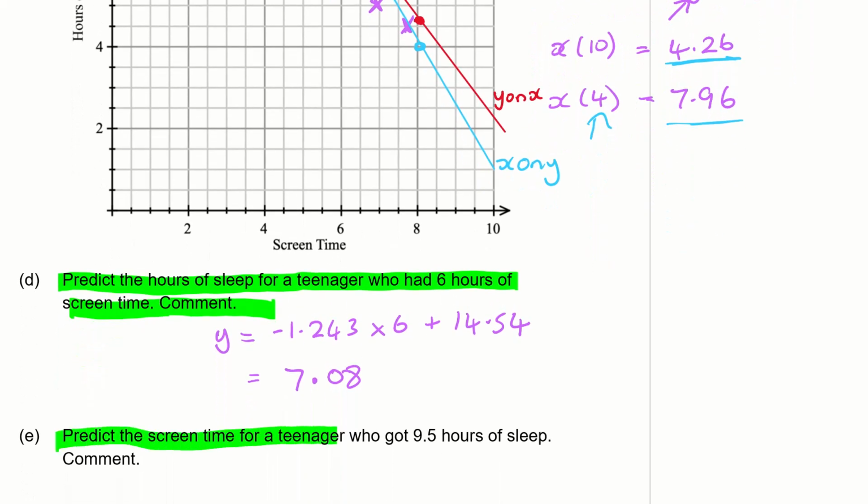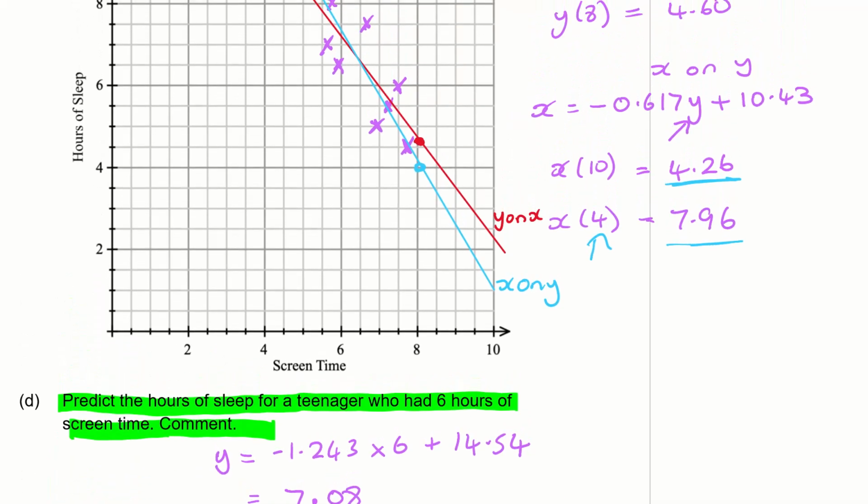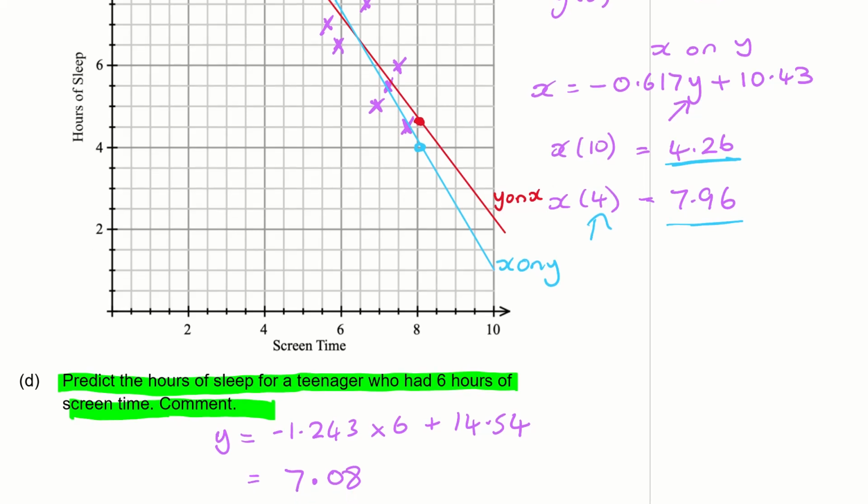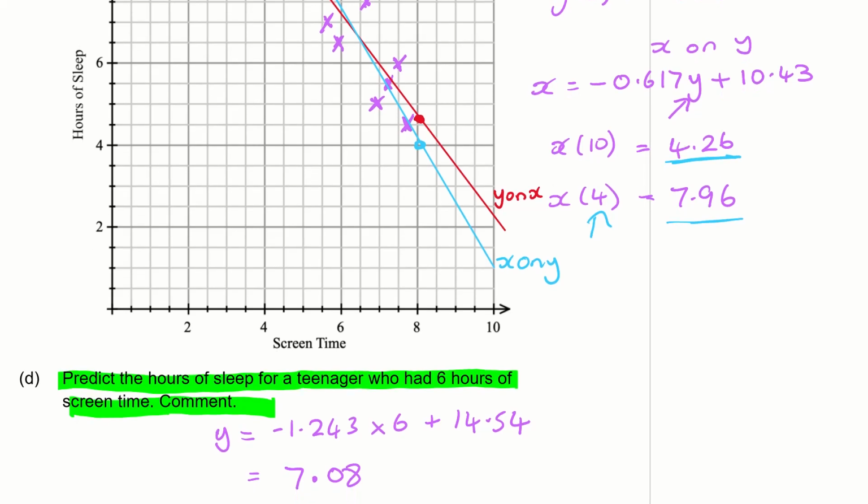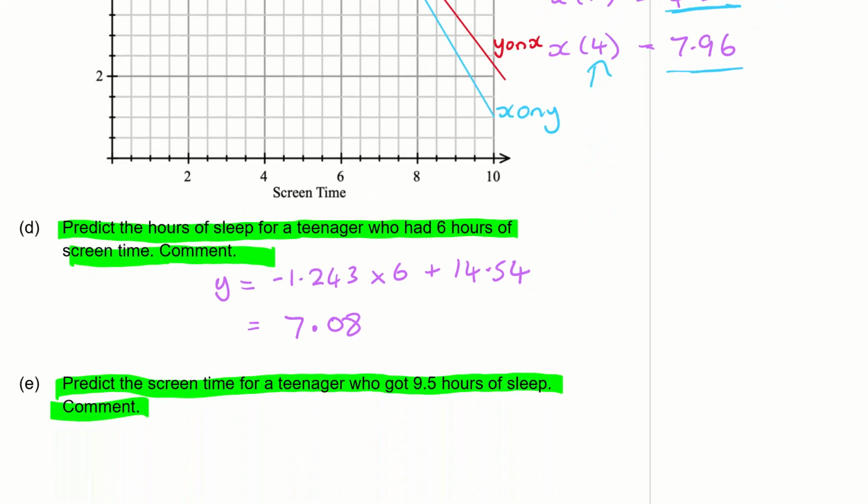Predict the screen time for a teenager who got 9.5 hours of sleep and comment. Okay, so this time we're going to use this line. So our x is going to be negative 0.617 times 9.5 plus 10.43. We'll calculate that.